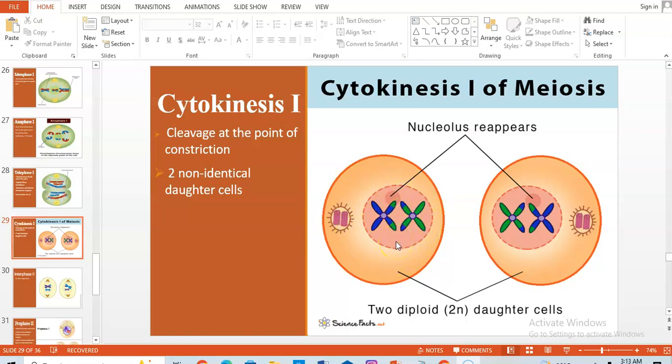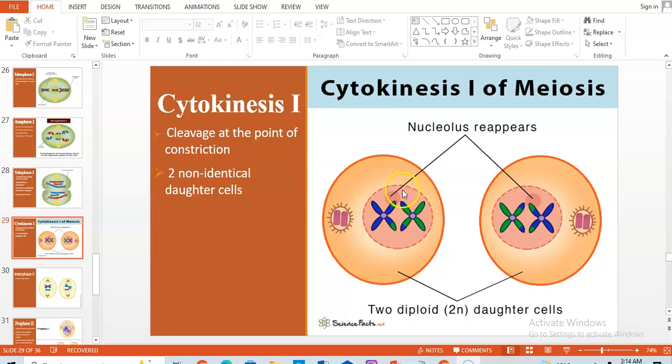Why do we say it's non-identical? Remember that at prophase, at diplotene, crossing over occurred, an exchange of genetic material. Because of that crossing over, the cells will not be identical, because the chromosomes will not have similar characteristics.